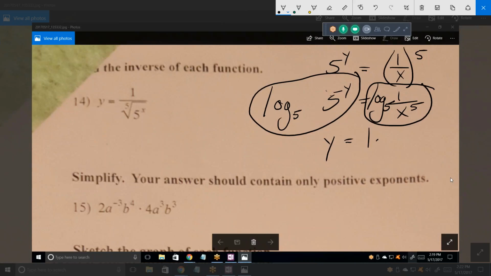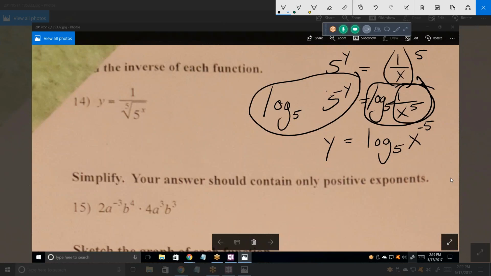So we have the log base 5. Let's call that x to the minus 5. First of all, do you see how I can write that as x to the minus 5? Yep, because with that minus it flips the reciprocal. Yeah, okay.